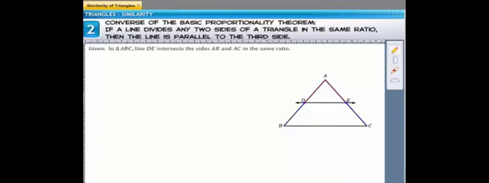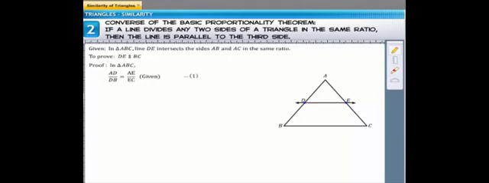To prove the theorem, we'll prove that line DE is parallel to side BC. In triangle ABC, AD upon DB is equal to AE upon EC, because it is given that line DE intersects the sides AB and AC in the same ratio. Let's assign this observation as equation 1.